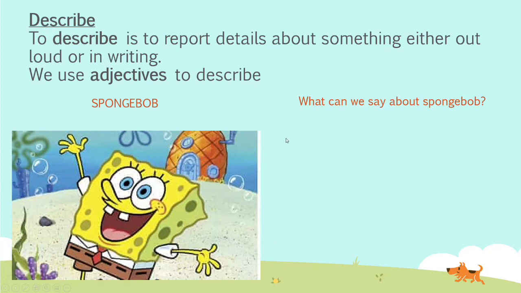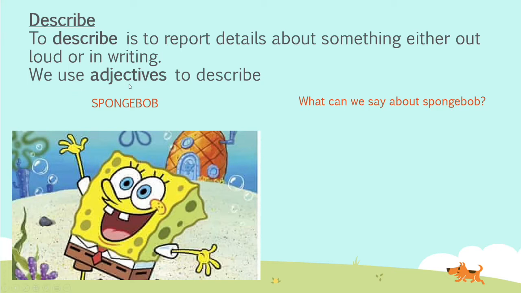So, when we want to describe, we need to know what we need to do. When we talk about describe, it means to report details about something either out loud or in writing. Kita menceritakan ciri-ciri itu dengan secara menggunakan mulut ataupun menulis.